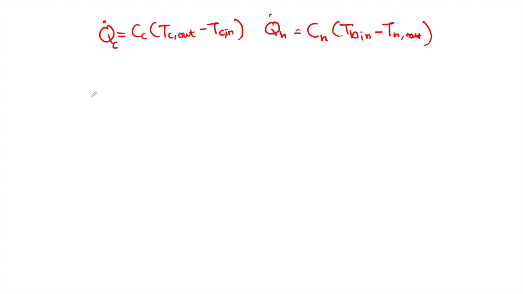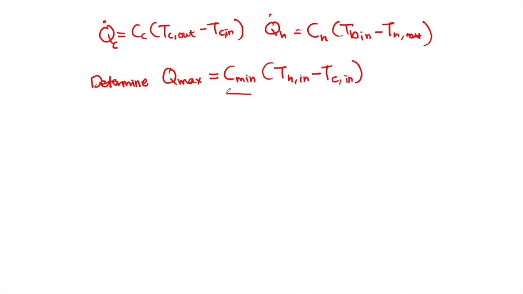Now in the question, in order for you to determine Q maximum, you have to use C minimum and TH in minus TC in. What is this value?